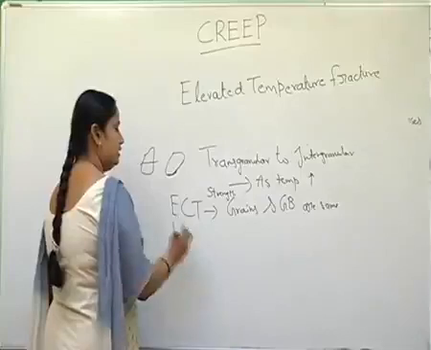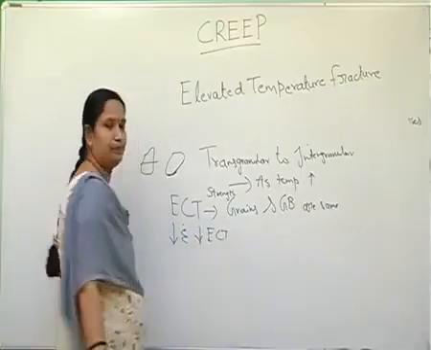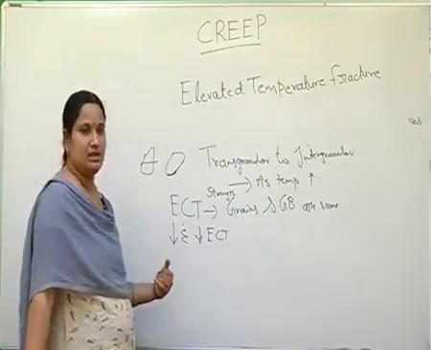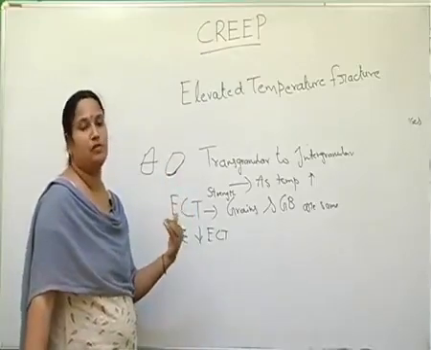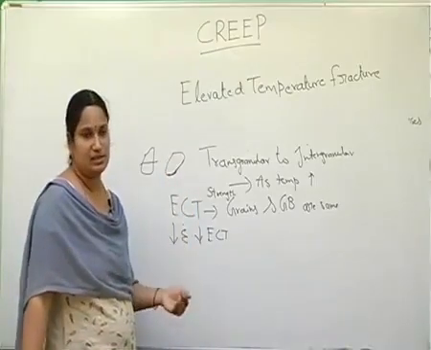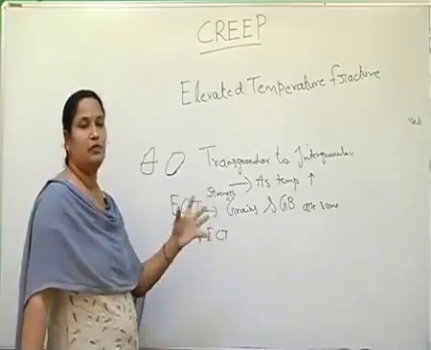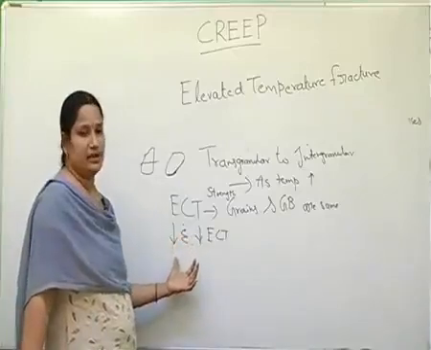Lowering the strain rate lowers the equicohesive temperature. That means as the strain rate is decreased, the transition to the intergranular type of fracture mode increases to a greater extent. Intergranular fracture is seen as the strain rate decreases.